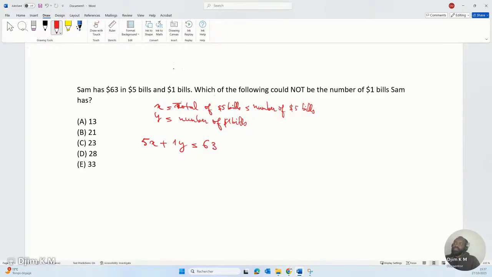Okay, $63, this one. So we need to find the number of $1 bills that Sam has. So we need to find y. Okay. So this is the value we need to find.